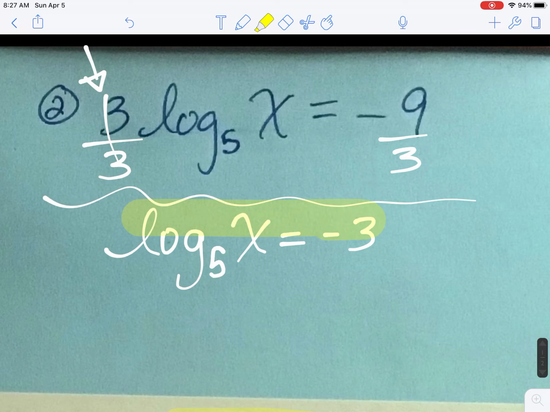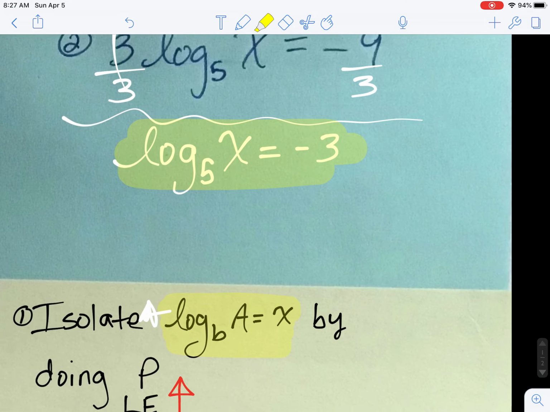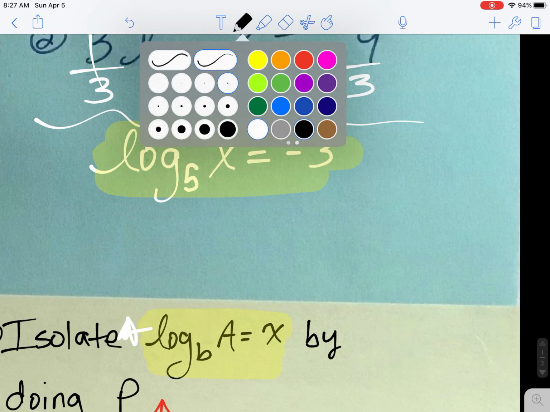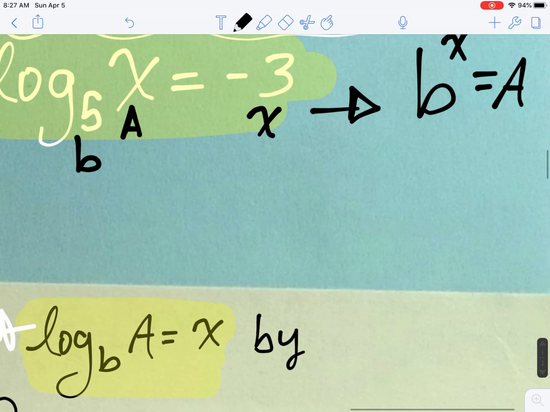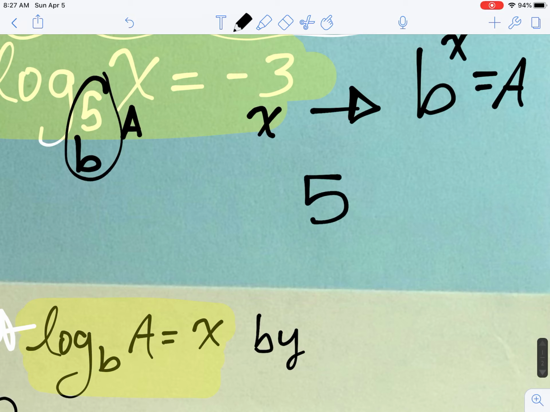So now we have this in log-box form. That's what we want it in. We need to rewrite it in b-x-a, or exponential. So this is log-box. Let's write it in b-x-a. So here we go. The value of b is 5. The value of x is negative 3.